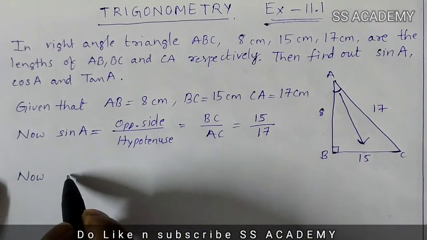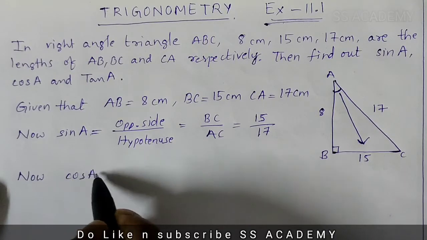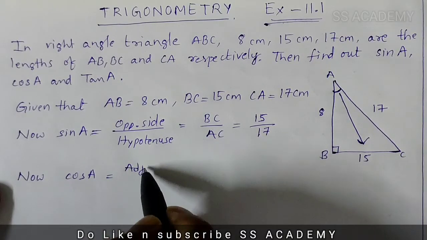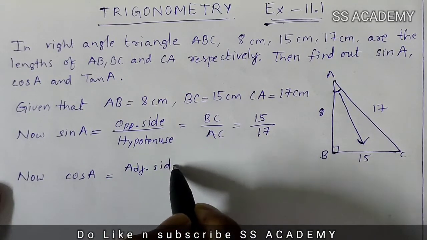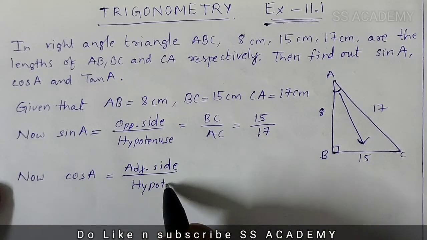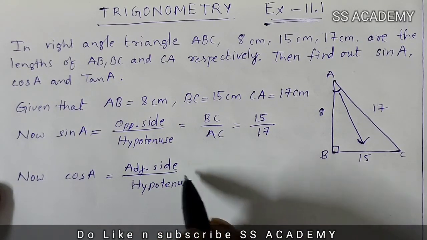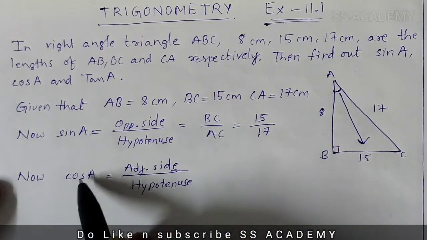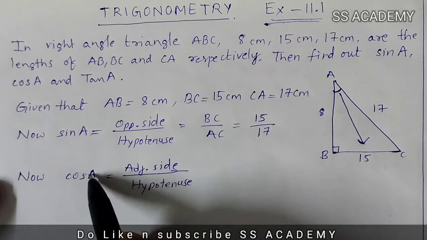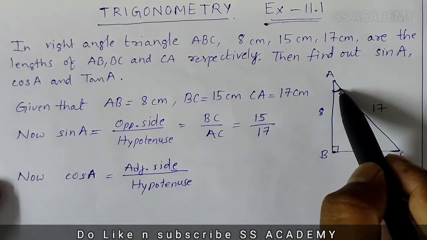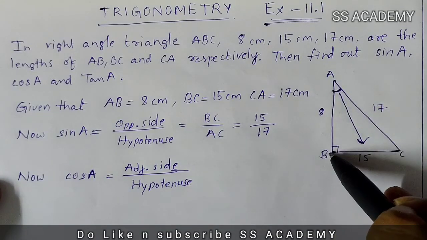Now, cos A. So we know that cos A is equal to adjacent side by hypotenuse. So here it is again cos of angle A. So as per this angle A, AB is the adjacent side.